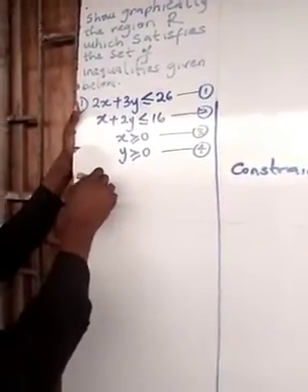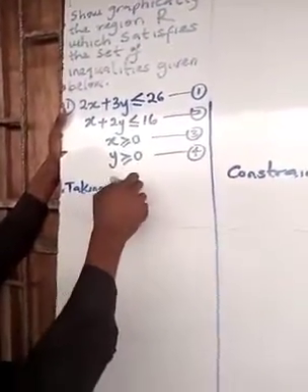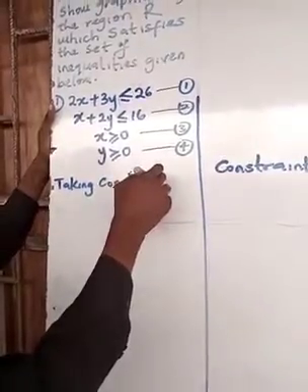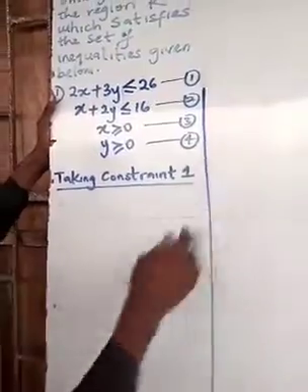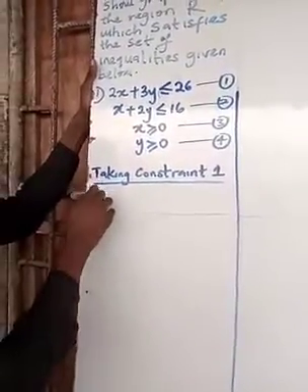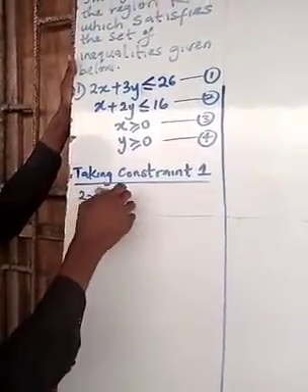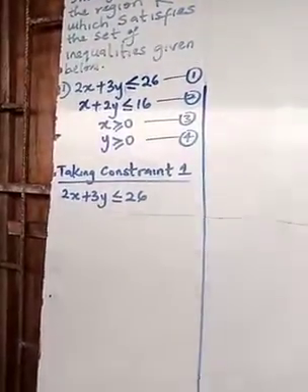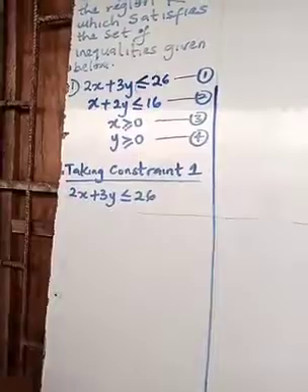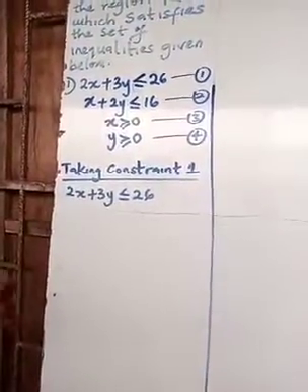Taking constraint 1, we have 2x plus 3y less than or equal to 26. It looks like the normal ones we've been doing, so we'll try to make y the subject.